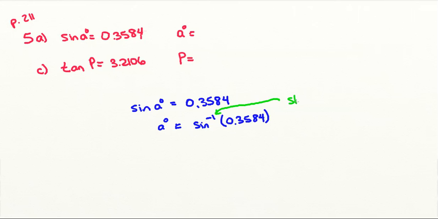To get this part on your calculator, usually it's either shift or second function, and then you press your sine button.